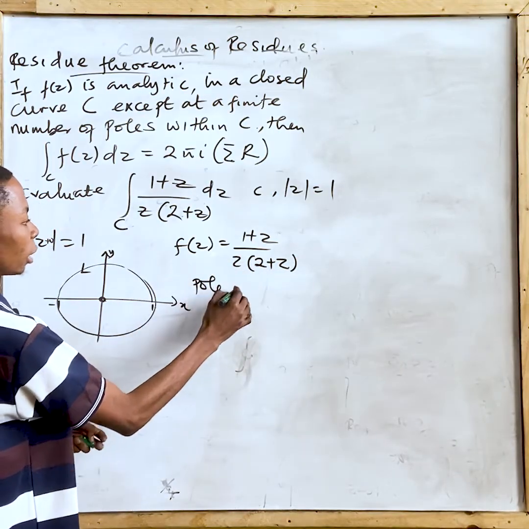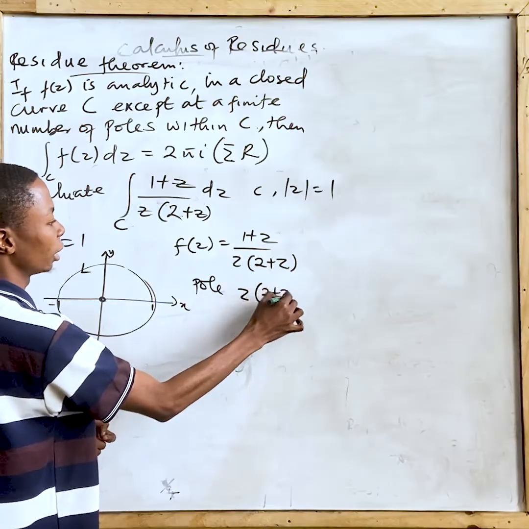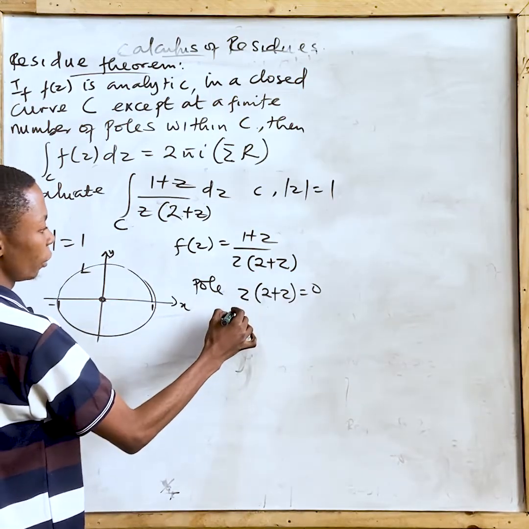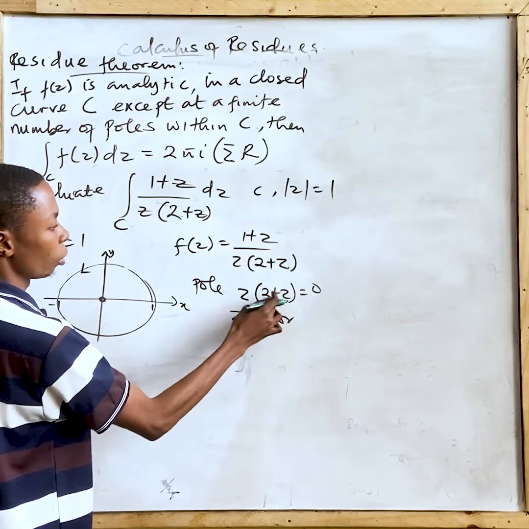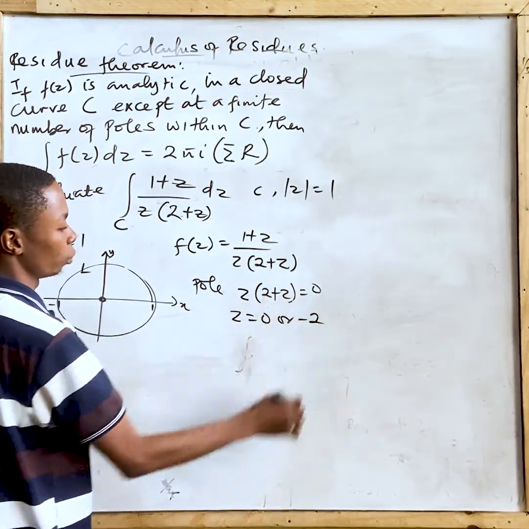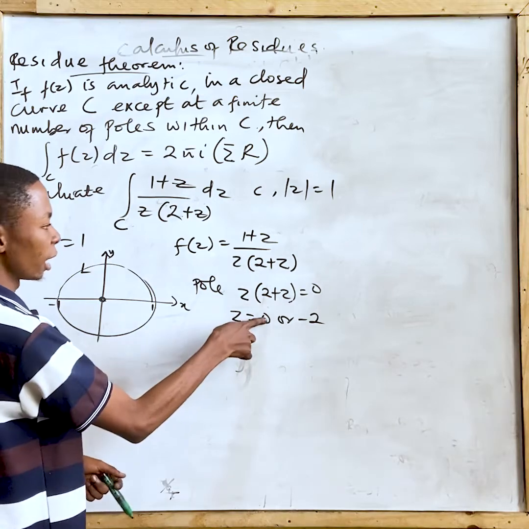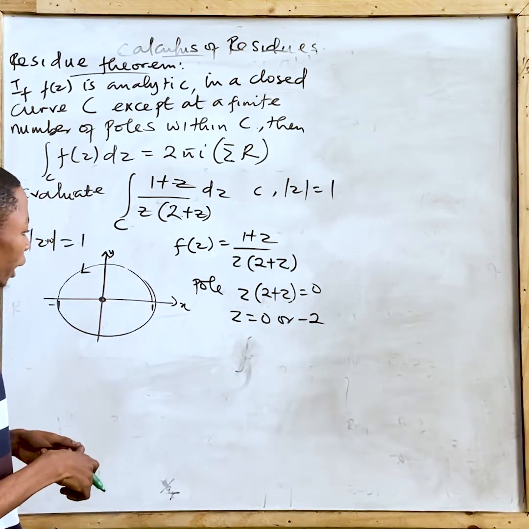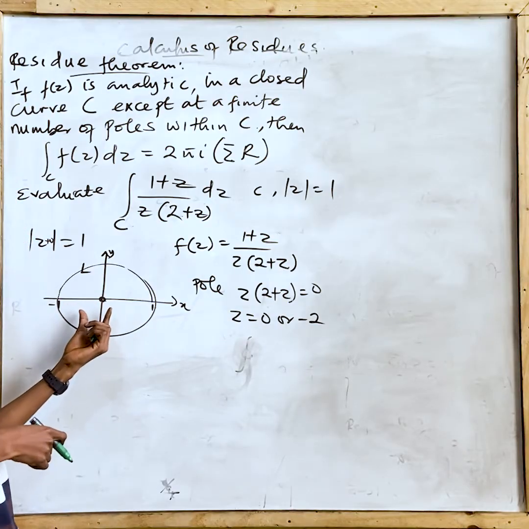So the poles are where z(2 + z) equals 0. It means z equals 0 or 2 + z equals 0, that's minus 2. So 0 and minus 2 are the poles.